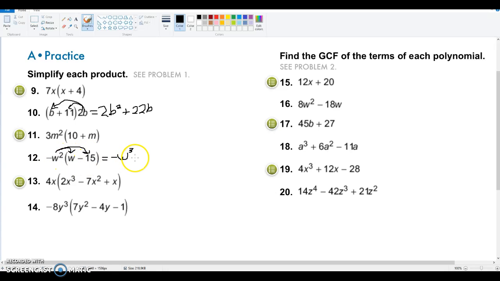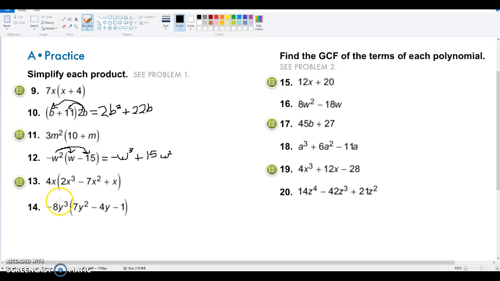Negative times a negative makes this a positive, and we have 15w squared, because w squared times 15 is just 15w squared. Okay, pause it again, and then I'll do number 14.